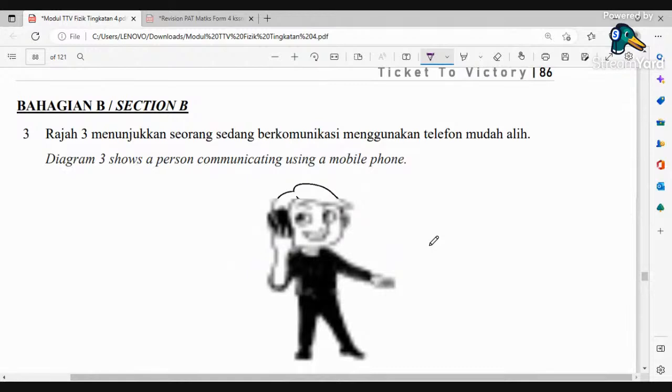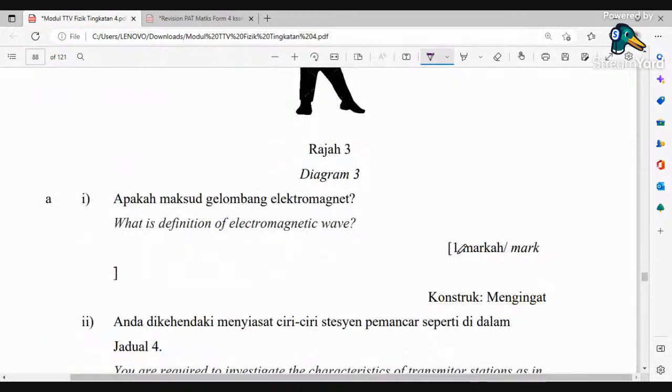Okay, look at section B. Diagram 3 shows a person communicating using a mobile phone. What is definition of electromagnetic wave?